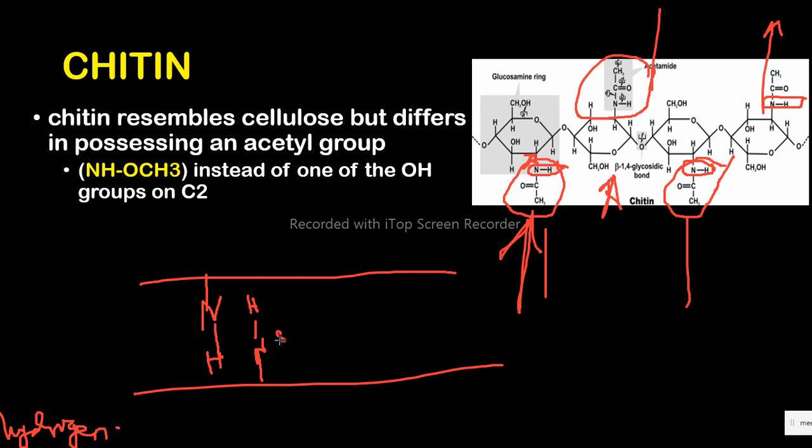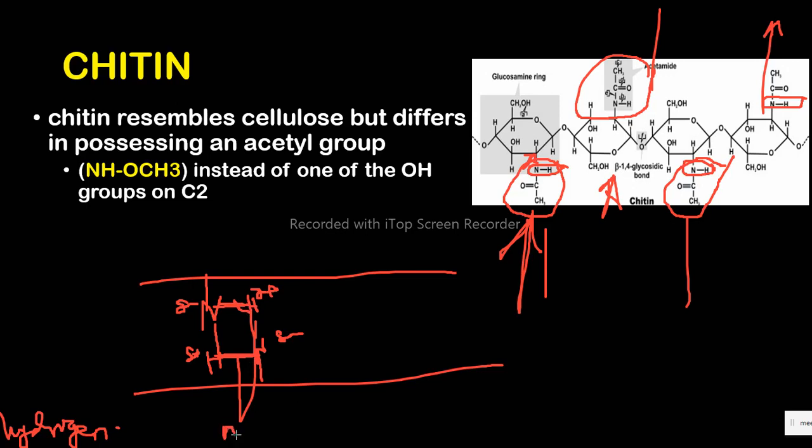So this one will be partially negative and this one partially positive. When they approach, they have that dipole moment, where the negative will attract positive and that positive attracts negative. So these cross linkages will be formed between the two.